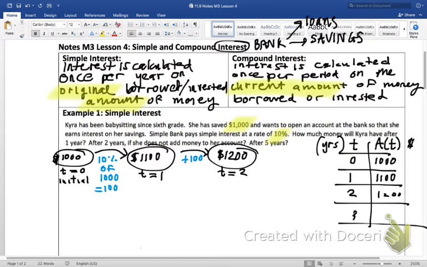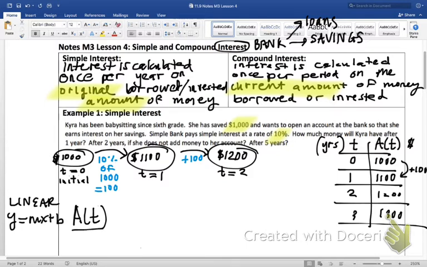We can imagine 3 years would be 1,300, and we could keep going from there. But we know we have this plus 100 pattern. This allows us to create a formula for A of t. It should be clear by now that this is a linear pattern, right? Which means we need to think about y equals mx plus b.